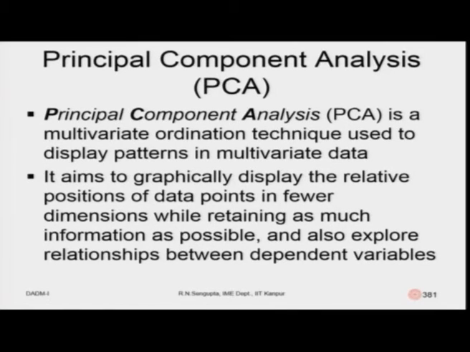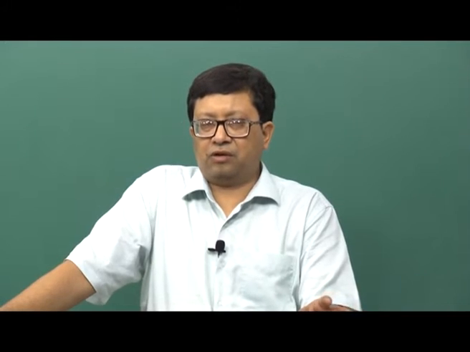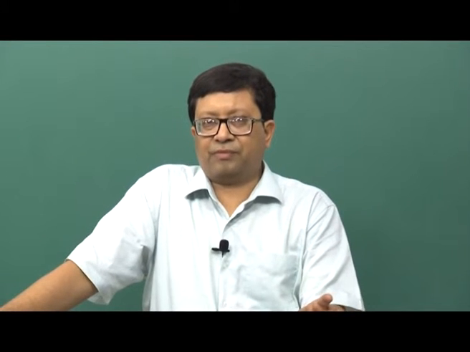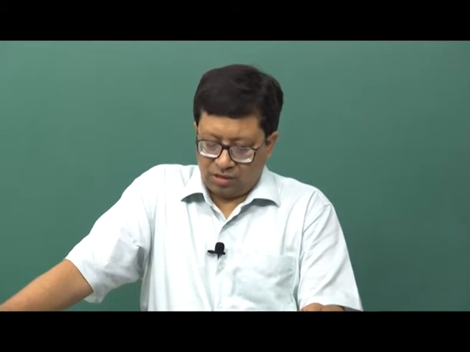So, I will draw a small graph, or I have a small graph which will give a better picture of this principal component analysis, which is PCA. It basically aims to graphically display the relative positions of data points in fewer dimensions. That means, lower the number of variables, such that we can have the maximum amount of information.